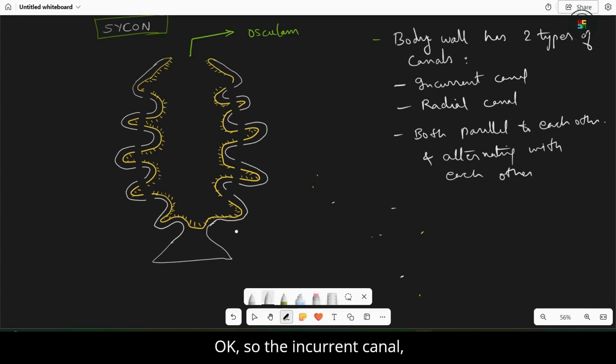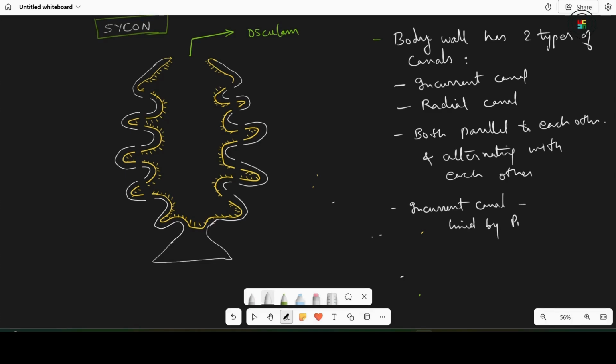Okay, so the incurrent canal, its boundaries are lined by pinacocytes, and because pinacocytes are non-flagellated, they are non-flagellated.